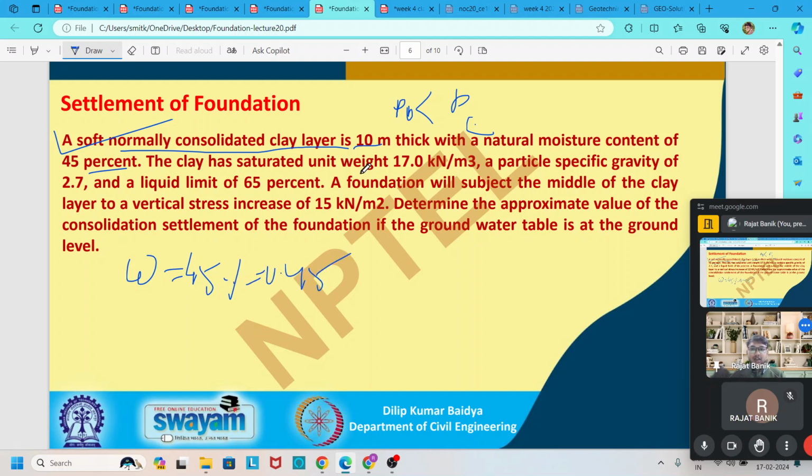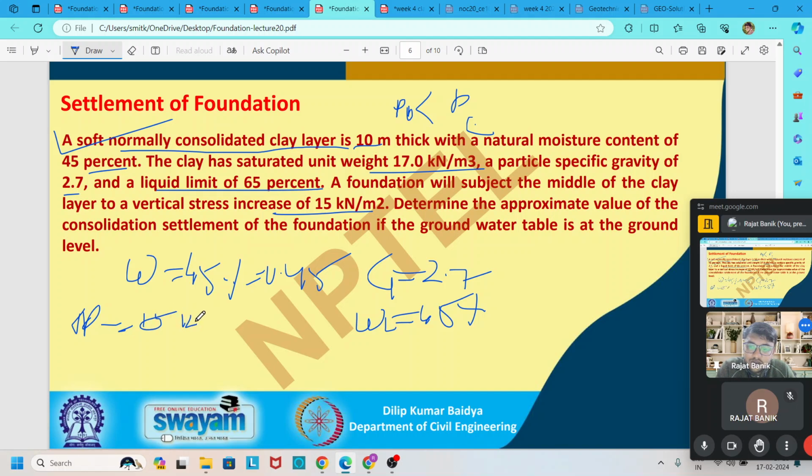The specific gravity G is given as 2.7, and the liquid limit W is given as 65%. Then the foundation is subjected, at the middle of the clay layer, to a vertical stress increase of 15 kilonewton per meter square. So del P is also given, 15 kilonewton per meter square. Determine the approximate value of the consolidation settlement of the foundation if the groundwater table is at the ground level.